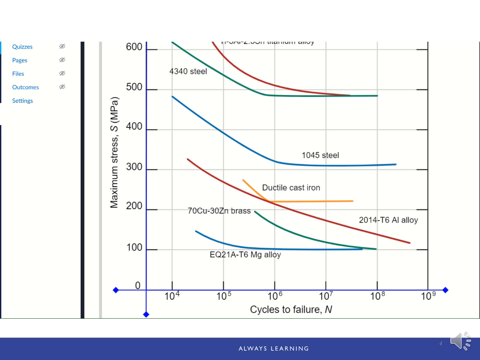Also keep in mind that you may be given an S-N curve which is a plot of the stress amplitude versus the cycles to failure. So when you have an S-N curve, do check the vertical axis to make sure what kind of stress is given. It might be maximum stress, like in this case, or it might be the stress amplitude.